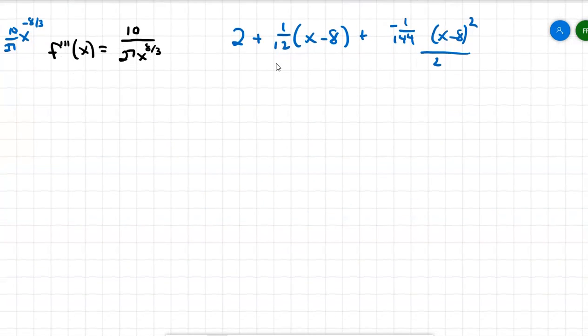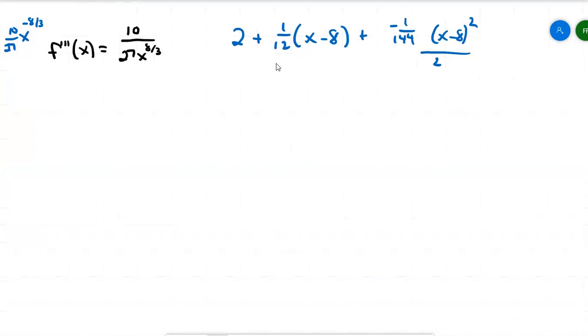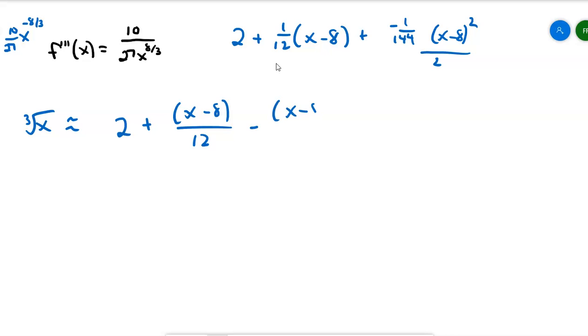All right, let's move that all up a little bit, and we claim that the cube root of x is approximately 2 plus x minus 8 over 12, and then minus x minus 8 squared over 288, right? 144 times 2 is 288.